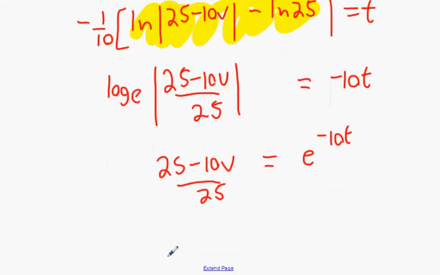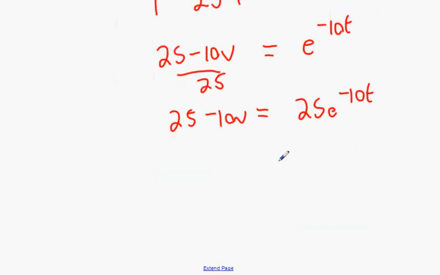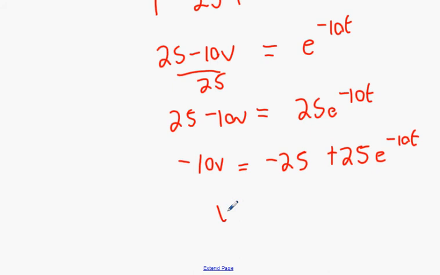Multiply up by 25, so 25 minus 10v equals 25 e to the minus 10t. Then minus 10v equals minus 25 plus 25 e to the minus 10t. Divide by minus 10: v equals 2.5 minus 2.5 e to the minus 10t.